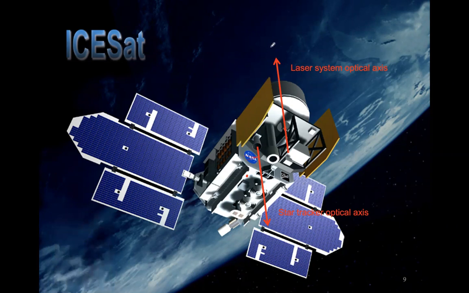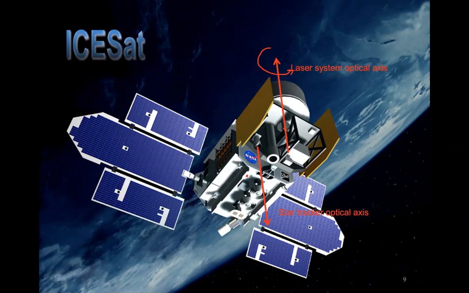Basically, you don't care that this rotation axis is not really well determined, because if the telescope is rotated, the laser altimeter measurement is not really affected, because it usually has a circular pattern. So you don't see any difference if you have rotations of the telescope in this direction.